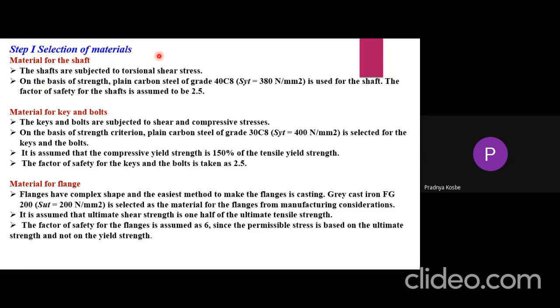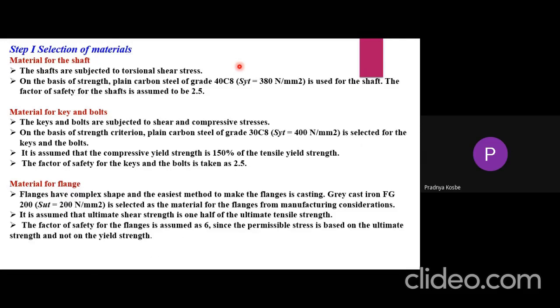As we have seen, the flange coupling consists of shafts, key, bolts, and flange. First we will see the material for the shaft. As shafts are rotating elements, they are subject to torsional shear stress.